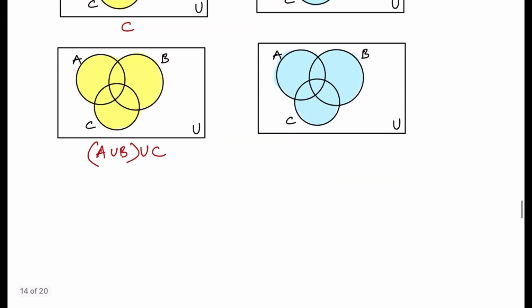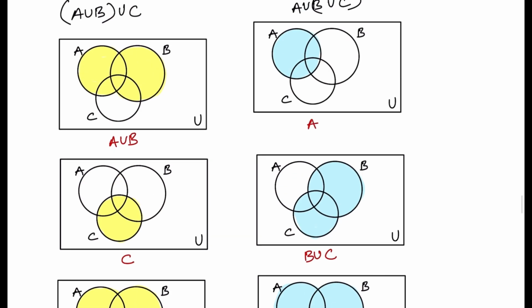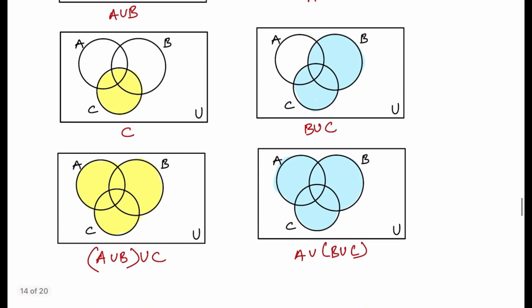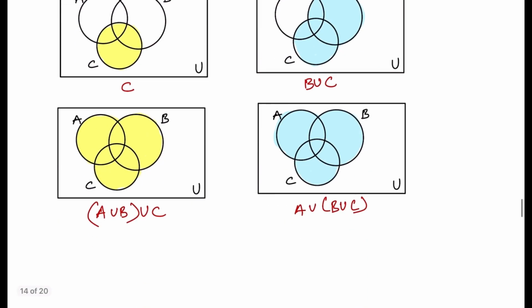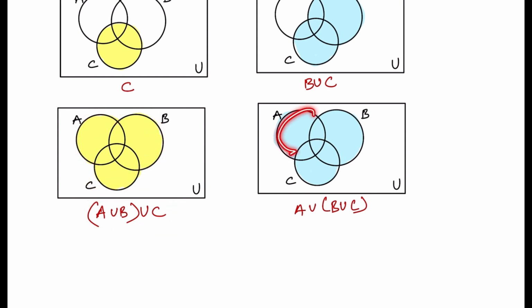So this is the region for A union B union C, this is the region for B union C, and this is the region for A. You can see in the last diagram, this is the shaded region for A union B union C.